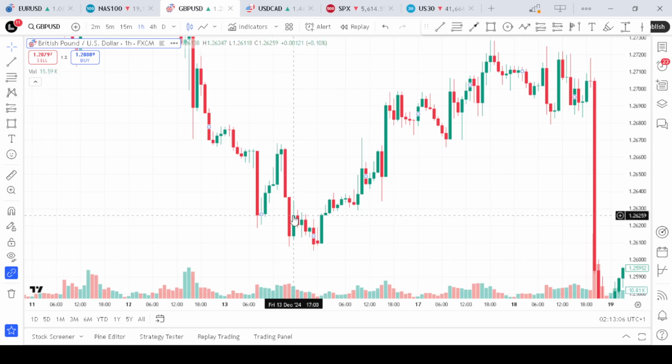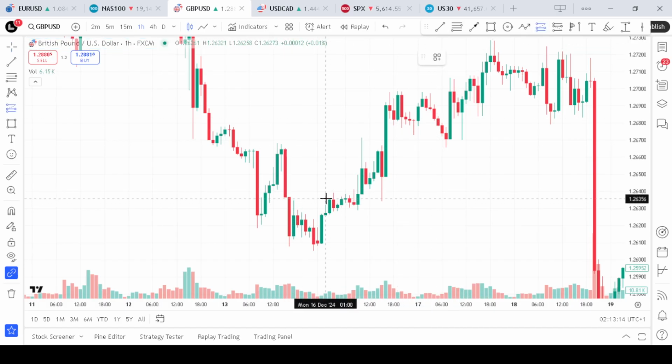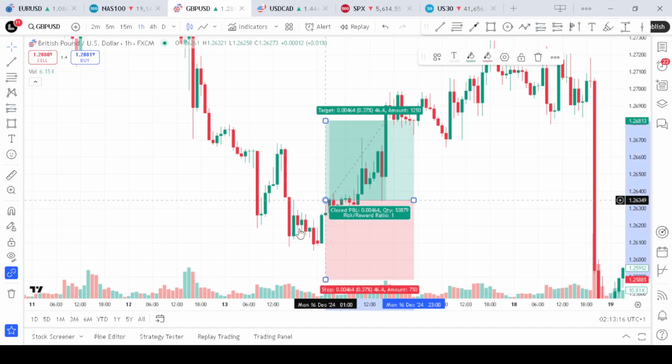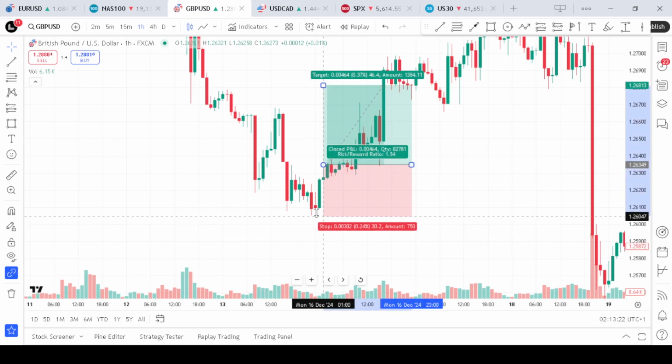Remember, we will not take a trade until we see a bullish candle that closes above the second candle. This is where we will decide to take our trade. Remember, our stop loss is going to be placed below the low of the second candle.